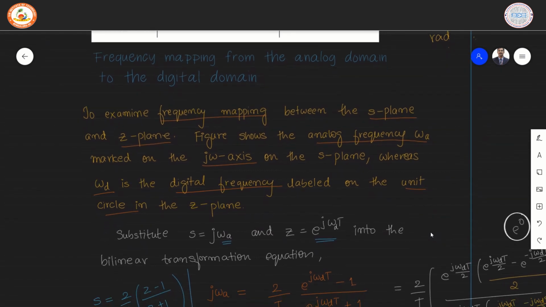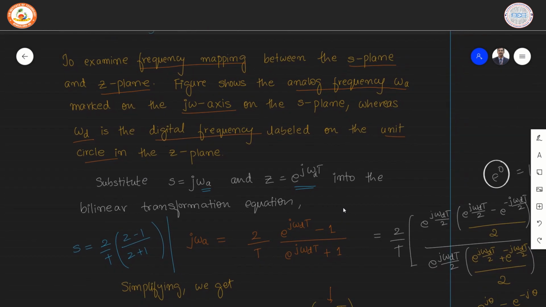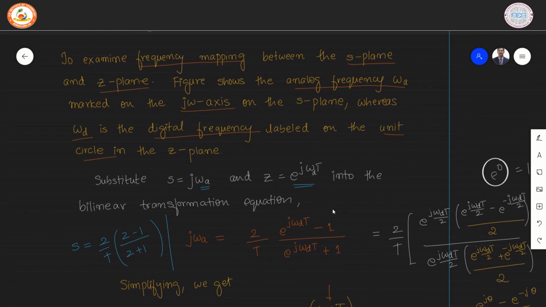Now, to understand the implication of this, we substitute S equal to j omega. Since you are dealing with the analog frequency, you may call it omega A. And Z is equal to e power of j omega D T. If we insert these relationships into the bilinear transformation, what will happen?